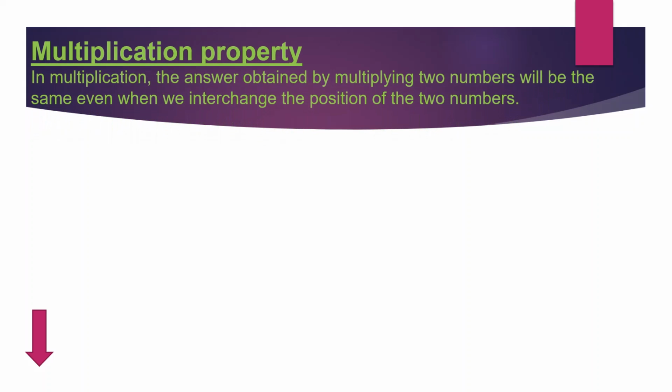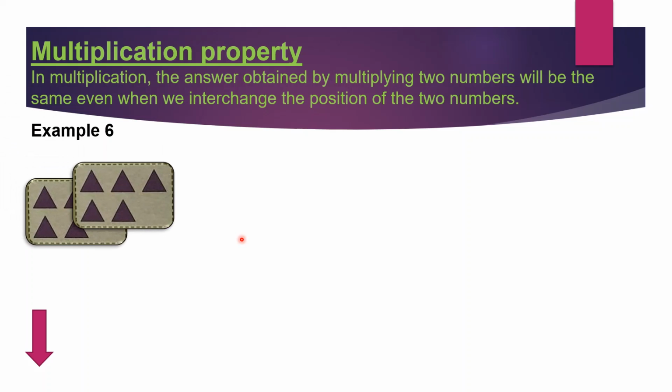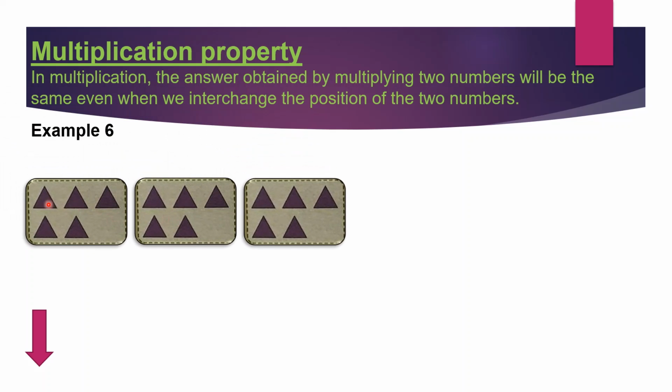Next, another example, example number 6. As we can see, how many groups of boxes? 1, 2, 3. So there are 3 groups.